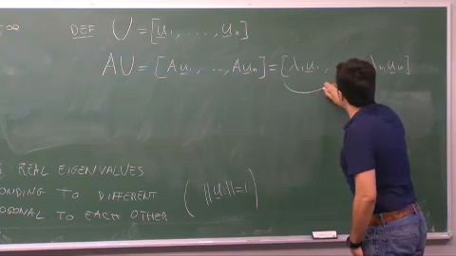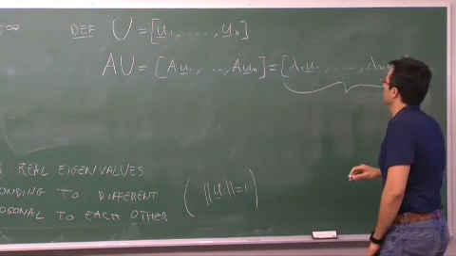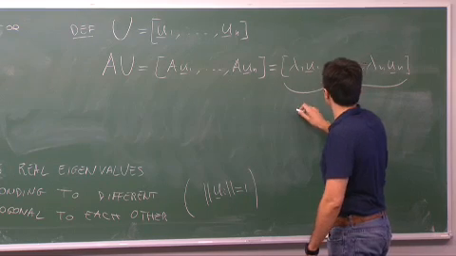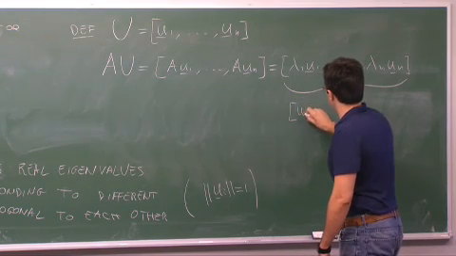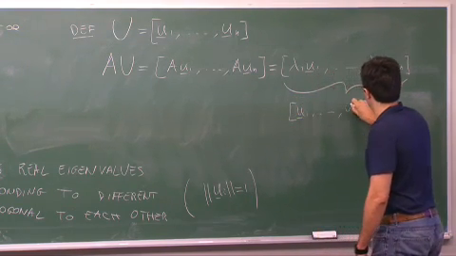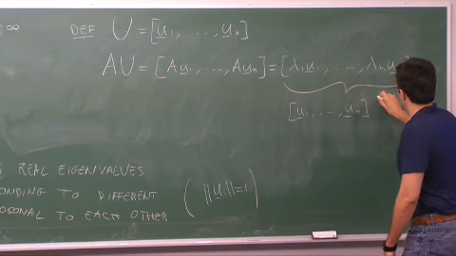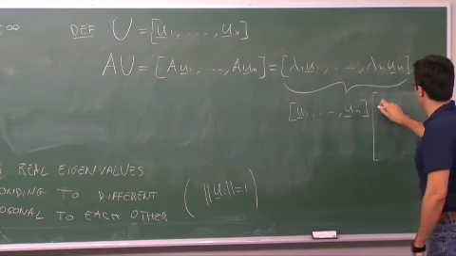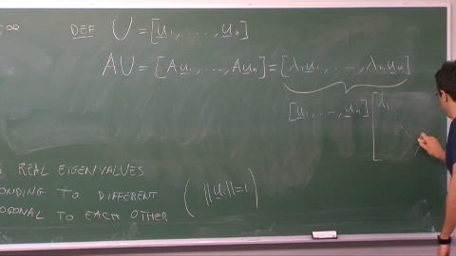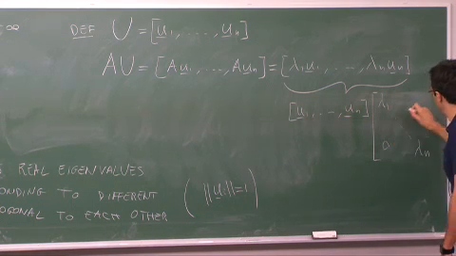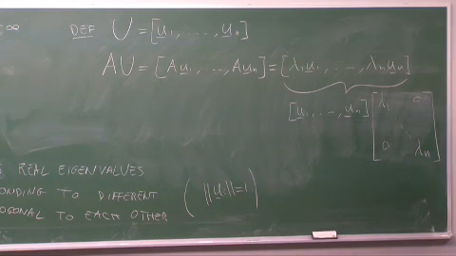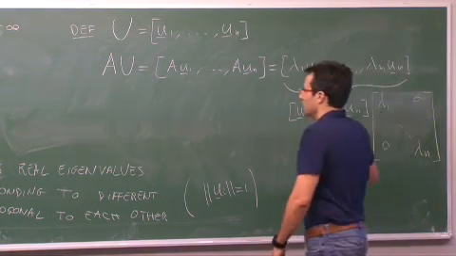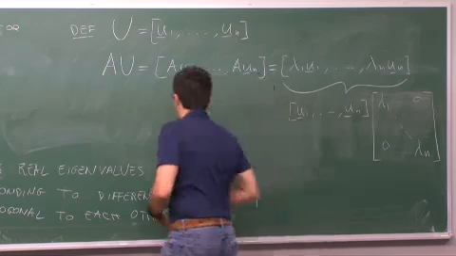There is another way I can write this, which is rewriting the U matrix first and then defining a diagonal matrix with the lambdas on the diagonal. Agree? Doing nothing special.